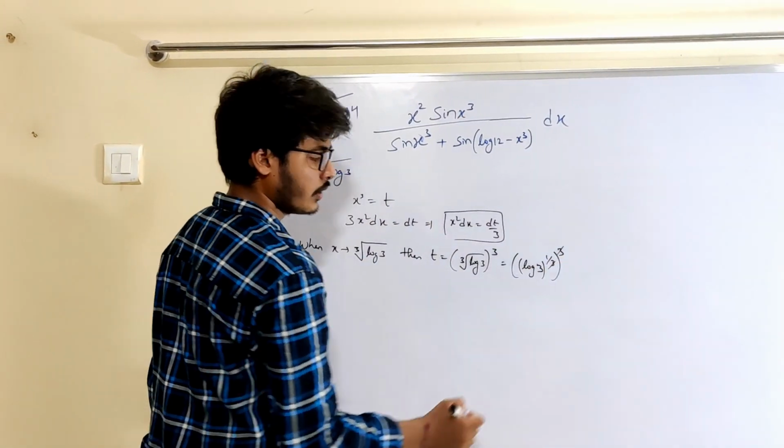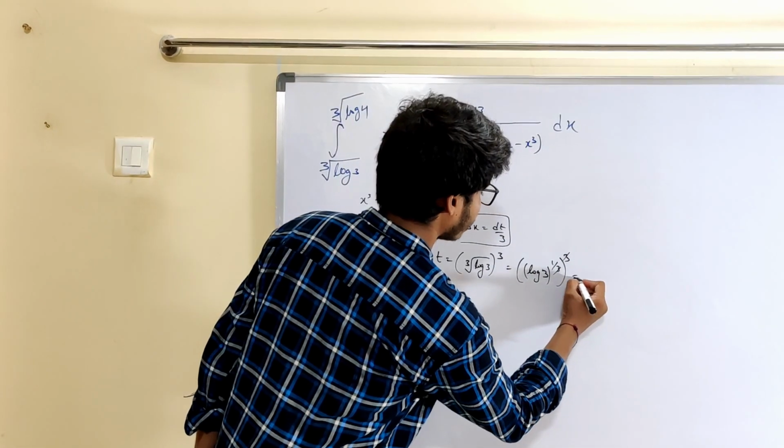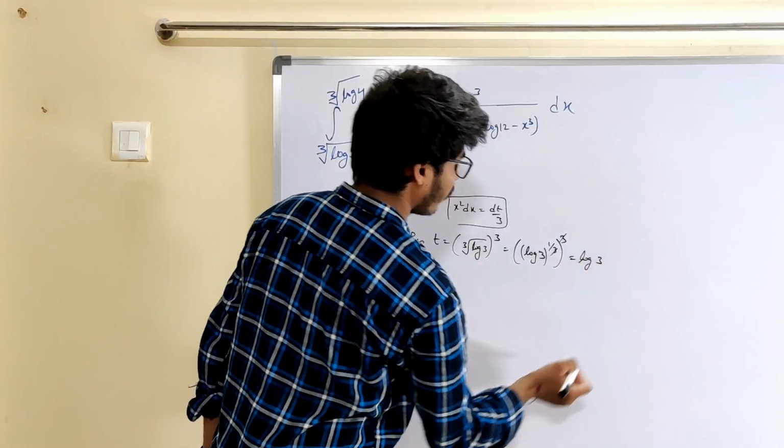So here the 3 will get cancelled out, so we get log 3.